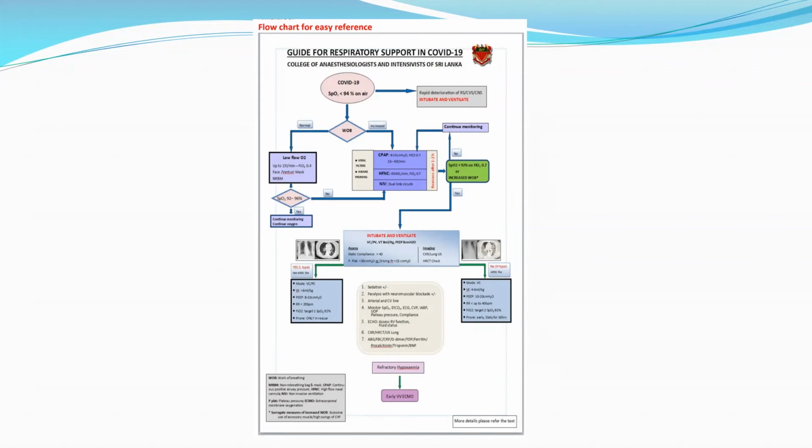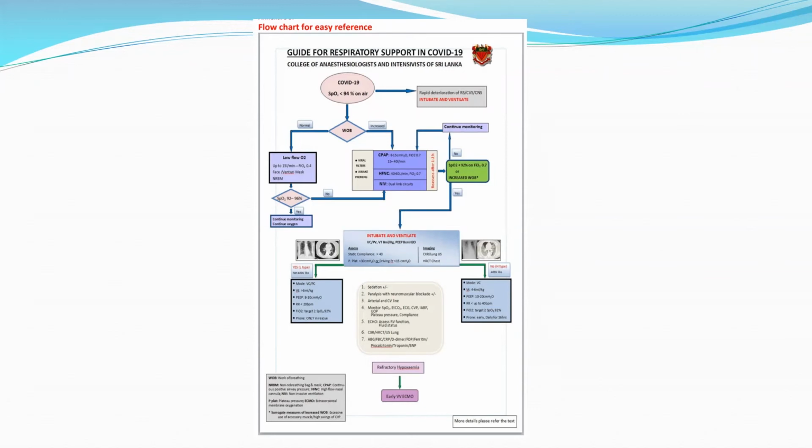So each breath is supported with a predetermined pressure so that the patient is supported with ventilation. So with this, you have to again continue with monitoring of the patient, that is saturation, heart rate, and respiratory rate.